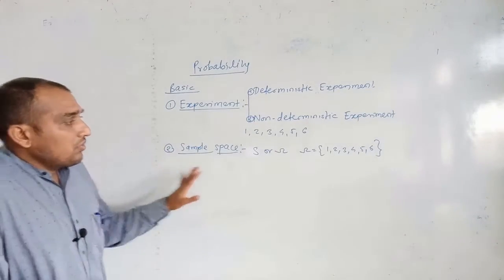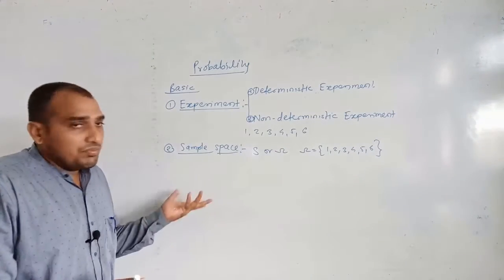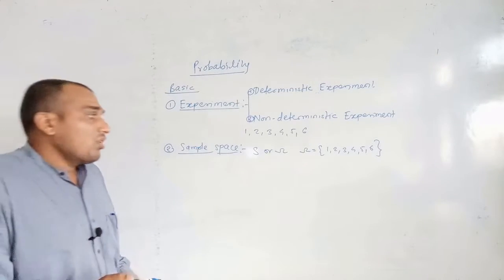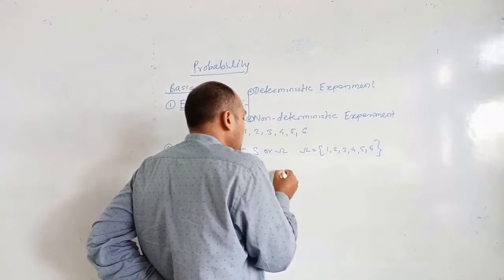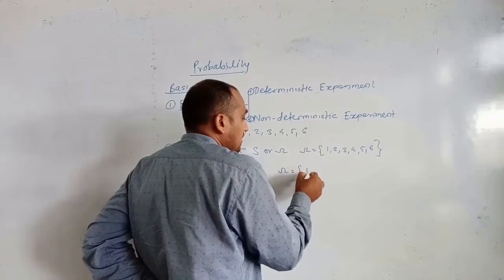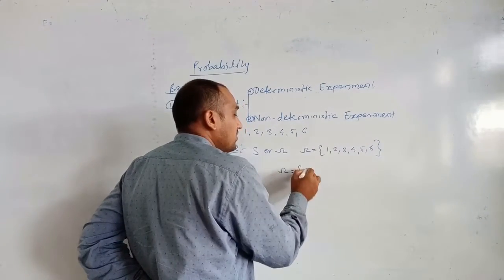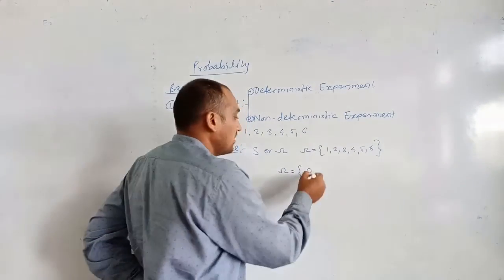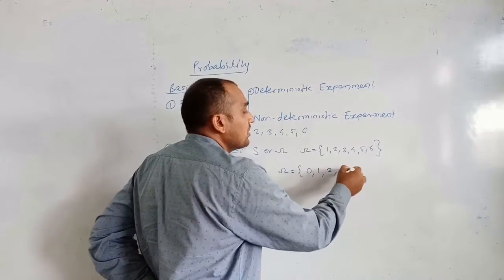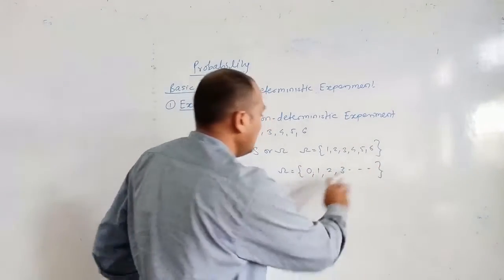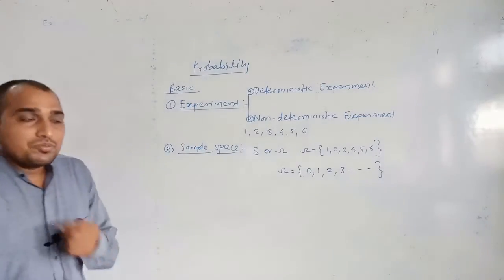According to the number of elements in the sample space, if my experiment is the number of accidents on the road, what is my sample space omega? It contains the numbers: if there is no accident, 0, then 1, 2, 3 up to infinity. In this way we can write the sample space.